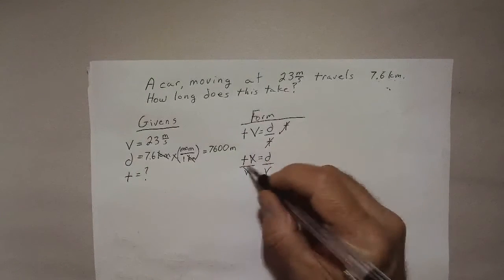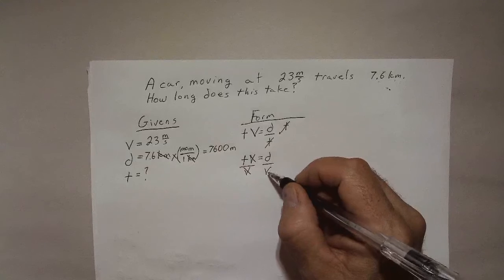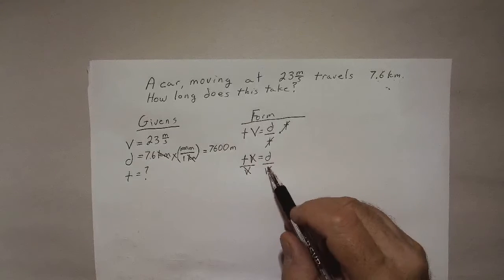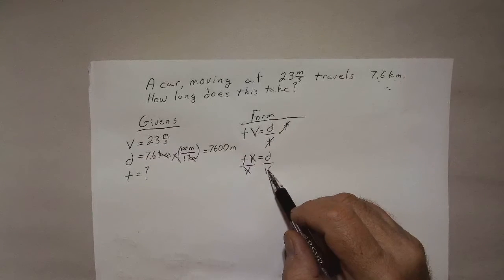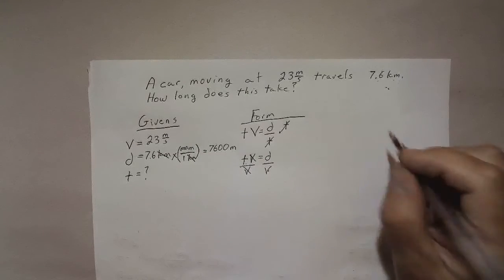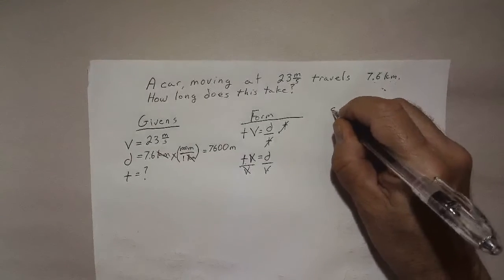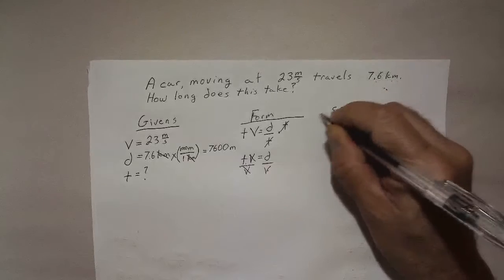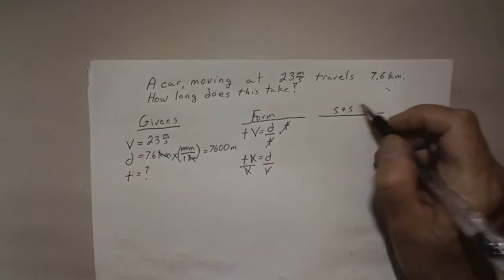And we end up with T equals D over V. Now, were we 100% sure this is correct? Well, we're pretty sure it's correct. But when we put the units in, if the units work out to seconds, that means we are completely correct. So that is always our last way of making sure we are correct.